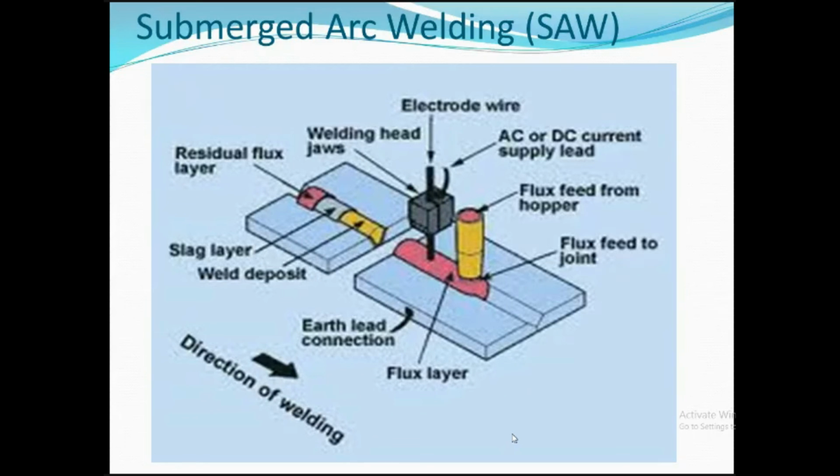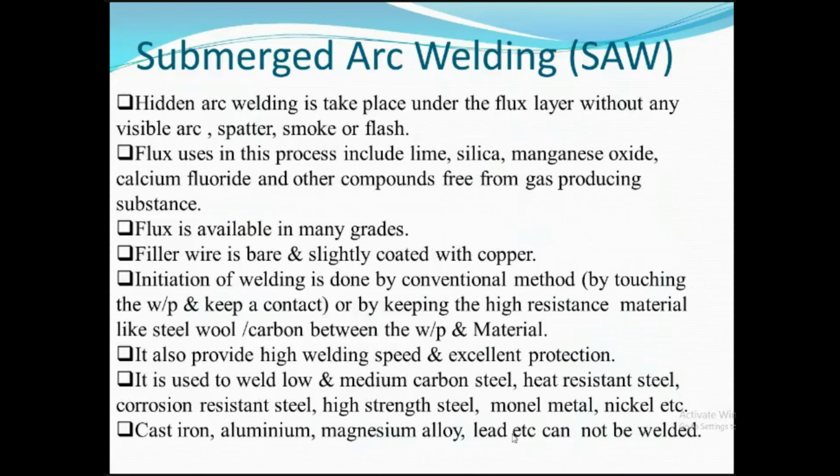This is your submerged arc welding types. Now, hidden arc welding takes place under the flux layers without any visible arc, spatter, smoke or flash. That means in submerged arc welding we should not see the spatter, smoke or flash, because in that case we have to provide some electric current through your electrode holders, and there is some flux we have already provided to your welded parts.